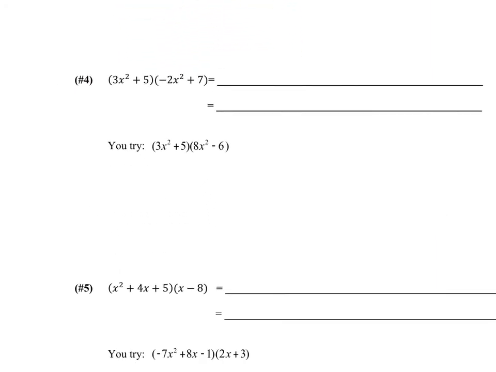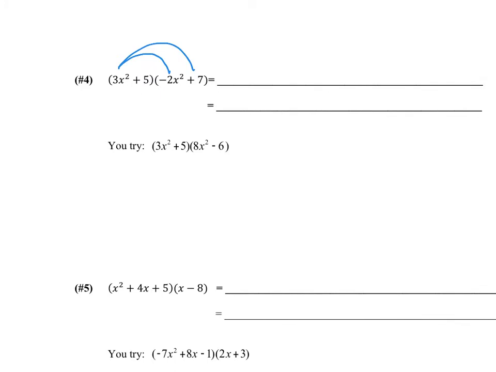This one is foiling, and we've done foiling this year already. Foiling is first, outside, inside, last. I also think of it as double distribution. So 3x squared is being multiplied by everything in the second parentheses.